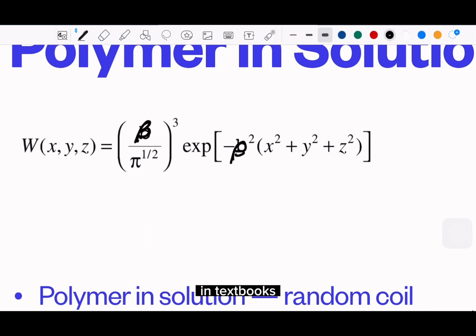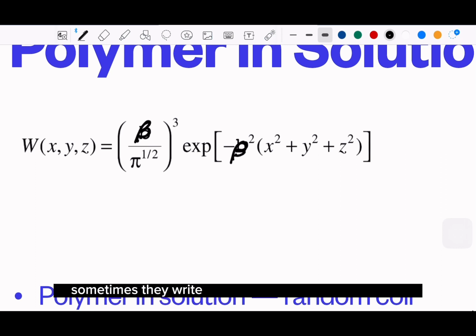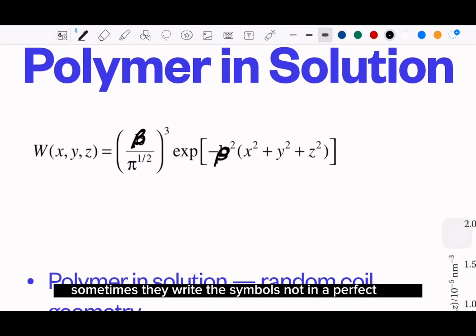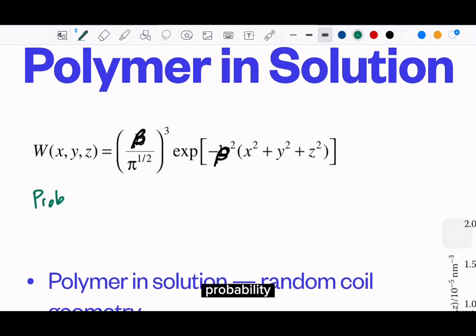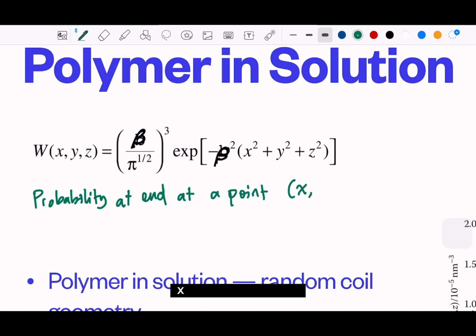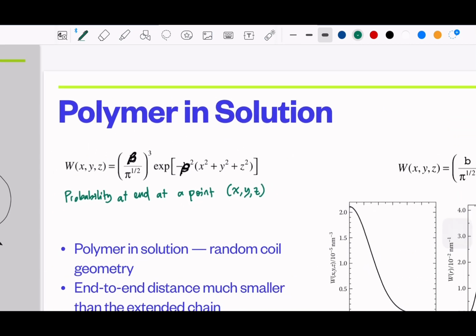In textbooks sometimes they write the symbols not in a perfect way. So this is going to be the probability at a point XYZ, or at point W, which is XYZ.